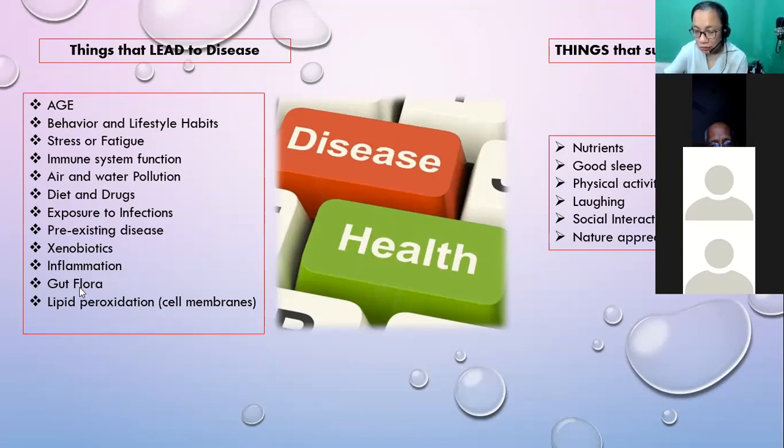And also again, like what we've talked about earlier, yung gut flora. And yung lipid peroxidation. Lipids, these are fats, good fats. Okay, good fats that are a component of our diet need to be properly digested, or properly metabolized, because their component is very important in the maintenance of the cell membrane, because our cell membrane is composed mostly of lipids.